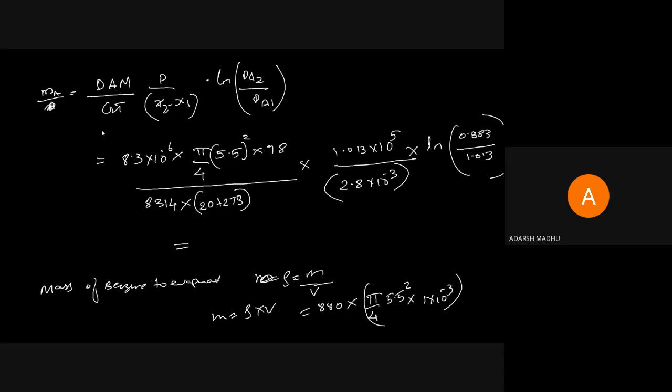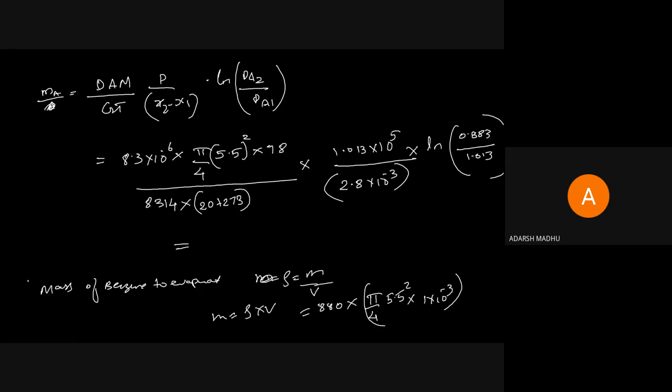If you have studied the evaporation equation, it was DAM by GT, where A is the cross-section area, M is the molecular weight, G is the universal gas constant, P by x2 minus x1 log PA2 by PA1. All the values were given in your problem.